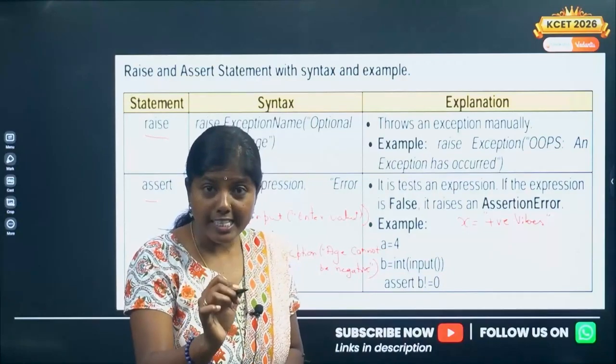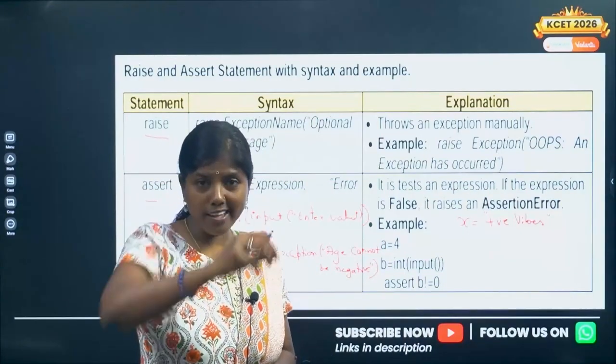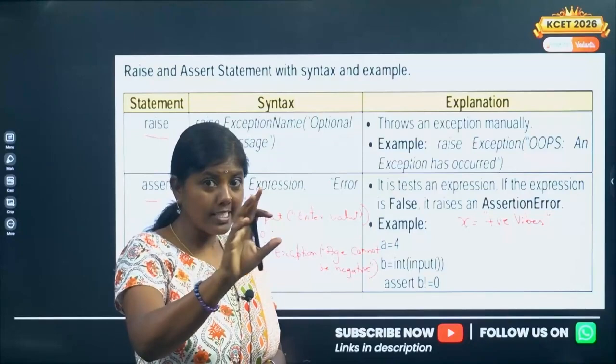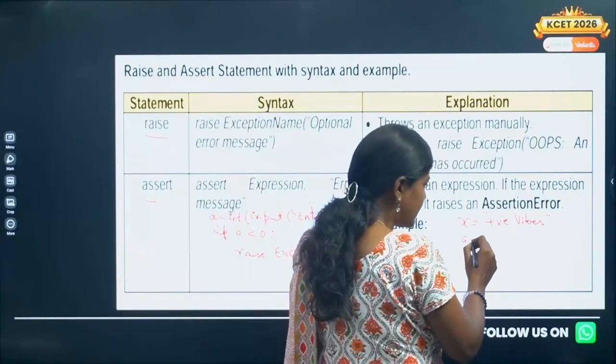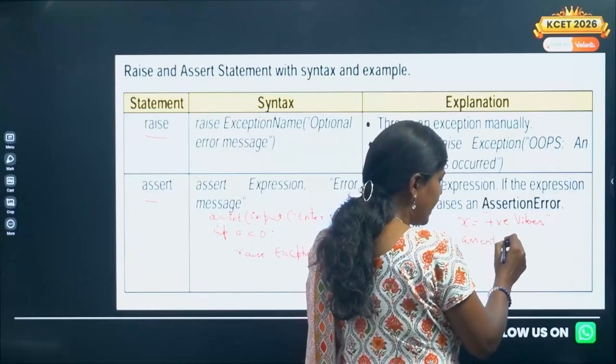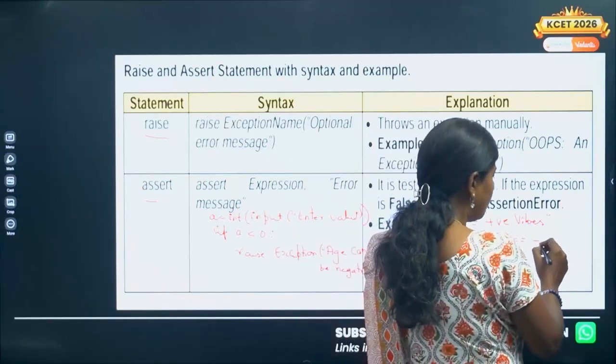That means it is basically a string being stored in x. It is not comparing, it is being stored here. And I'm going to check assert x equal to "positive vibes".